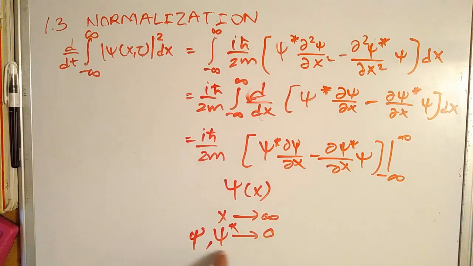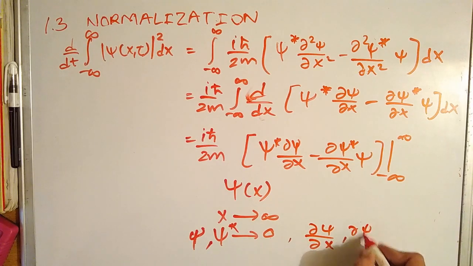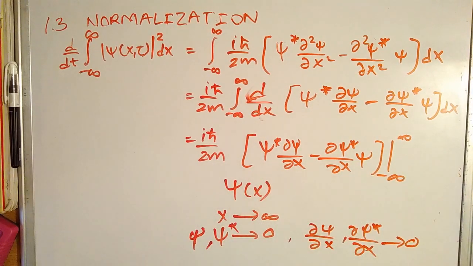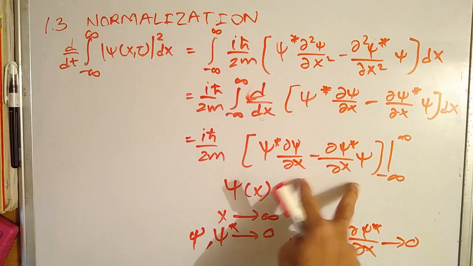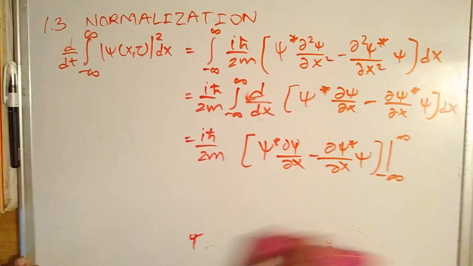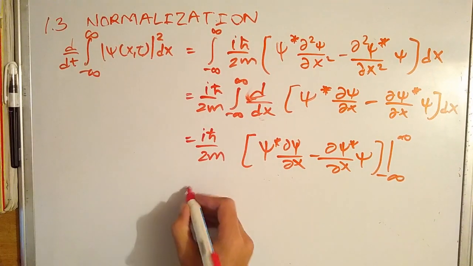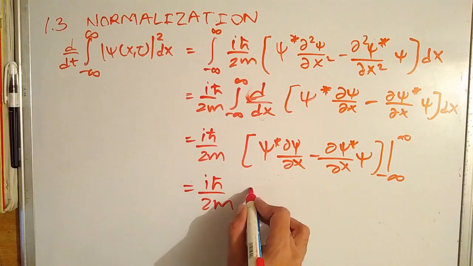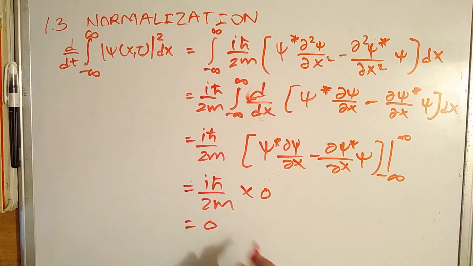And as both psi and psi star are going to 0, that means dou psi by dou x and dou psi star by dou x also go to 0. That makes this integral 0. Therefore iħ by 2m into 0 is 0.